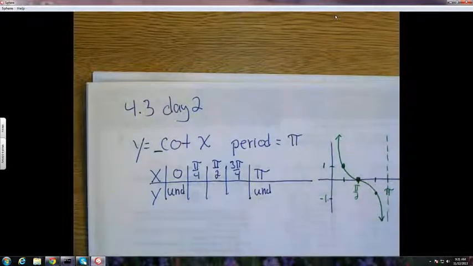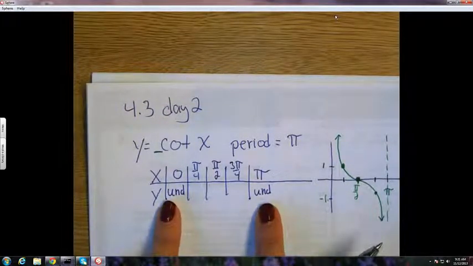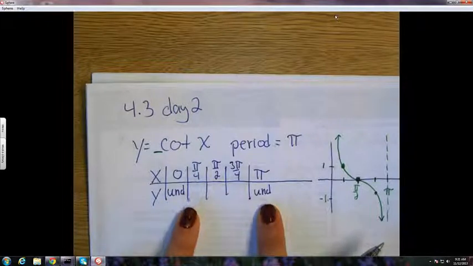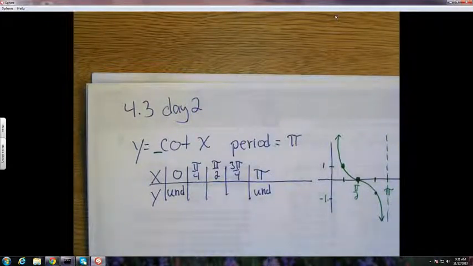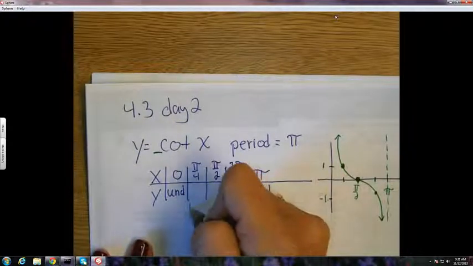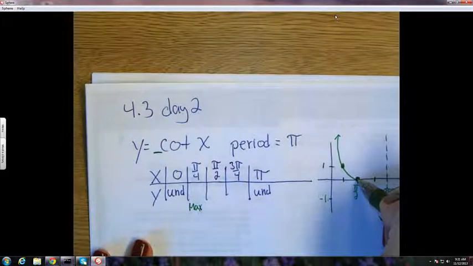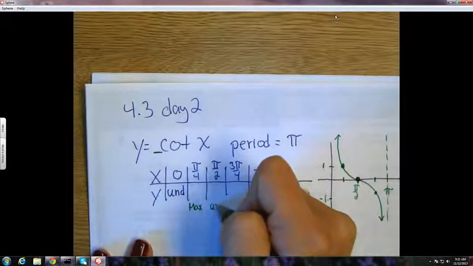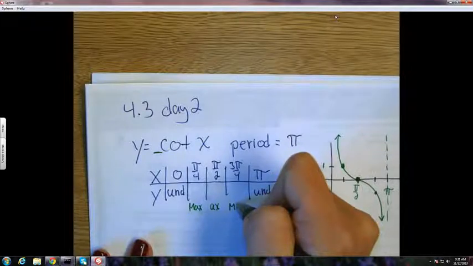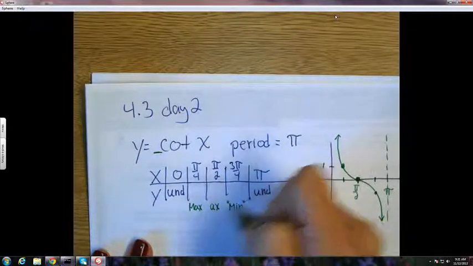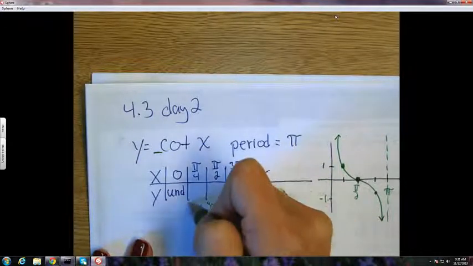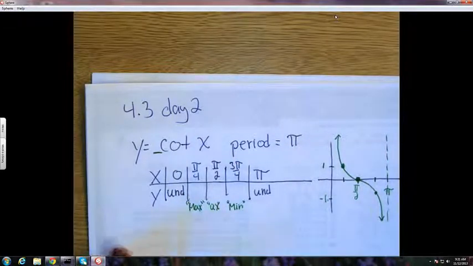So the pattern for cotangent is it starts and ends with an asymptote. The first one, we can call it a max, but it's not a max, just that it tells us to go above the axis. So think max. This middle one is on our axis, so if we have a vertical shift. And then min. We call it a min, but it's not truly a min. It just gives us the direction that the graph is going into. So it's max, axis, min.